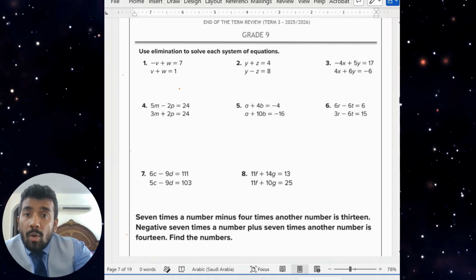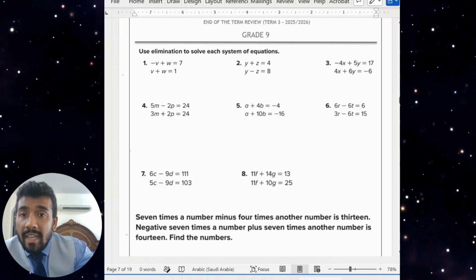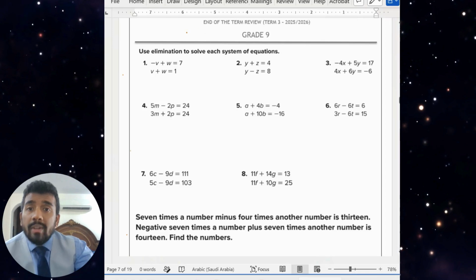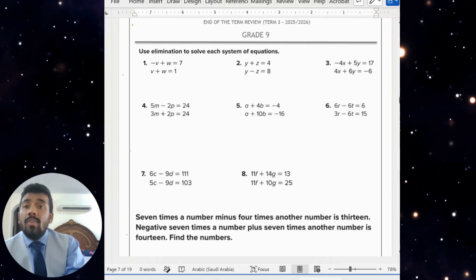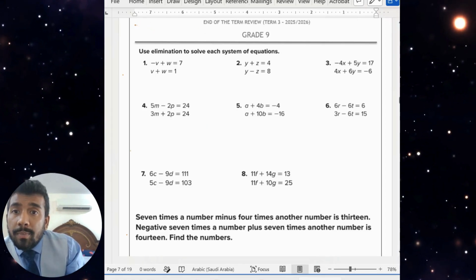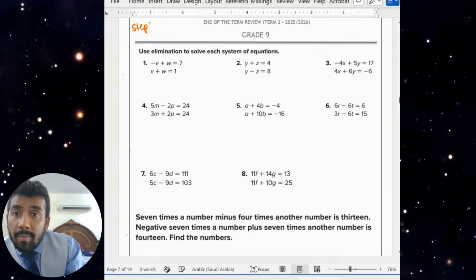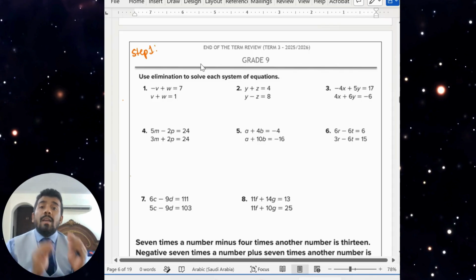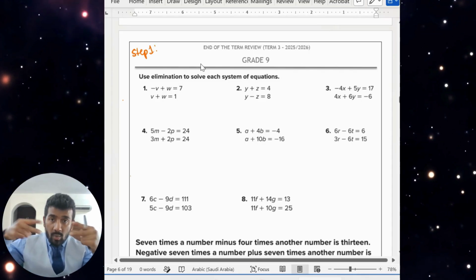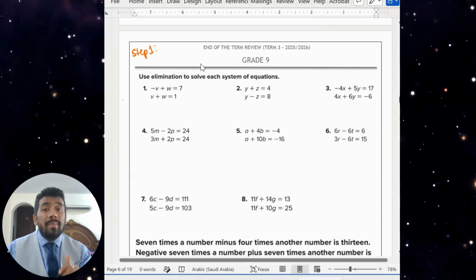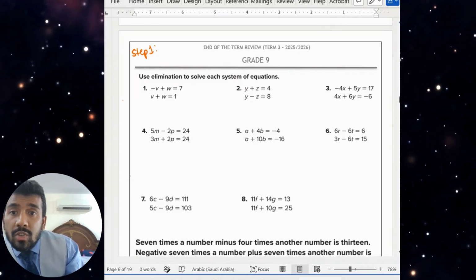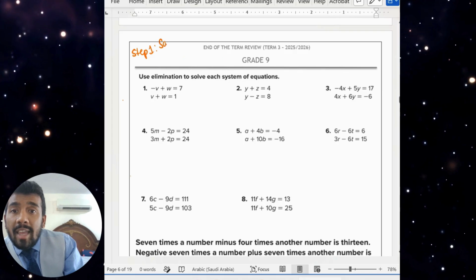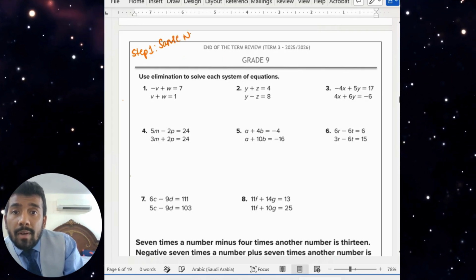Before doing this kind of question, like use elimination, the first step you need to remember is this. You need to check out of these two equations which one has the same number.